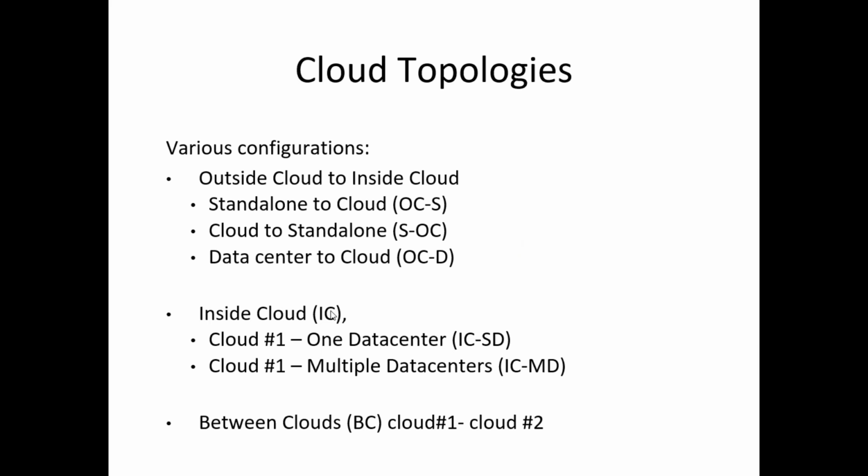And if you're inside the cloud completely, you could be going from one data center inside the cloud or multiple data centers, and that will make a difference too. Or you could be going between clouds, going from one large provider to another, say Azure to Google, or Oracle, whatever your provider is. So there's a number of different things to test.